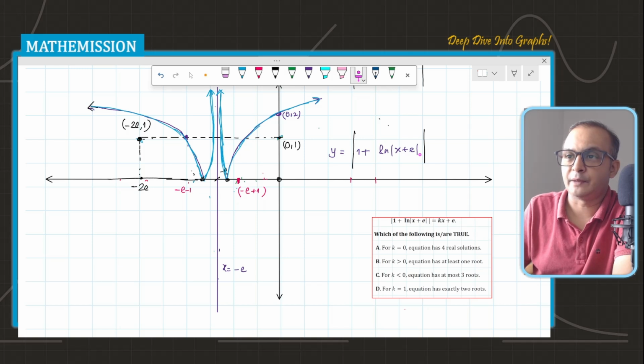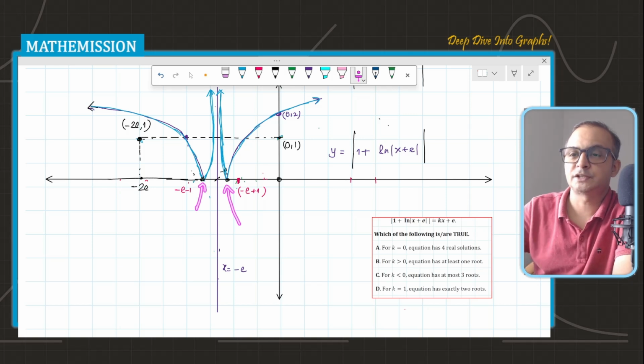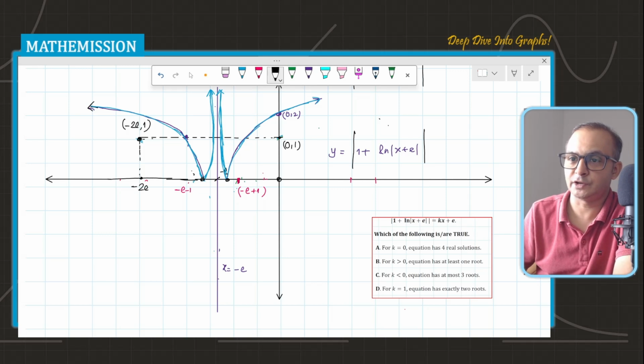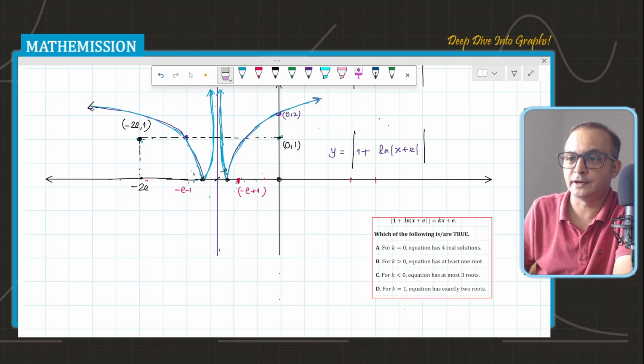But now I'm adding 1. So how do we identify this point and this point? Let's think very analytically. We don't have to do any big calculation. Just think from the basics and you'll get the idea.